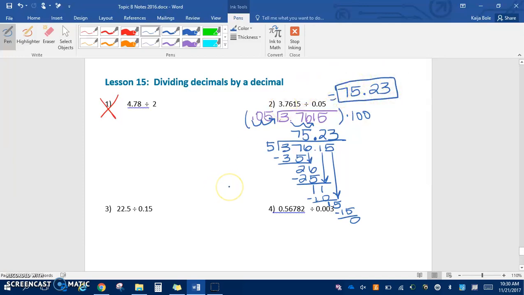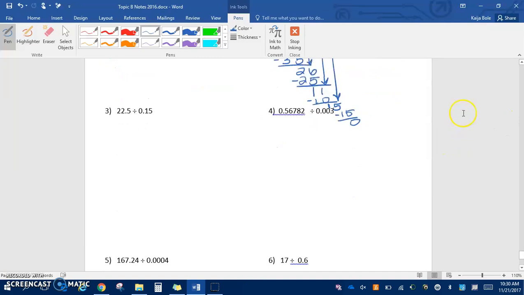Okay, so once we move that decimal around, then it's just like what we've been doing. So let's look at number 3 here. We have 22.5 divided by 0.15. So first I'm going to write it out like I normally would. Alright, and again, I want to move this over 2 places, which is the same thing as multiplying by 100.